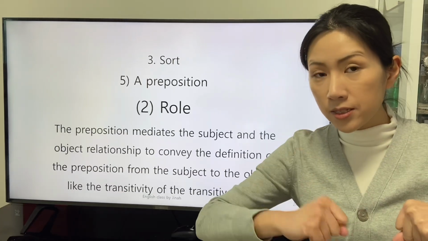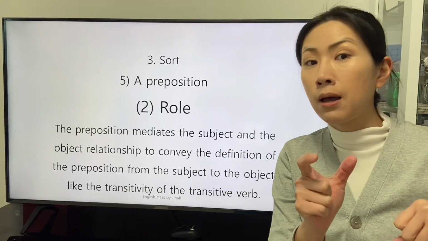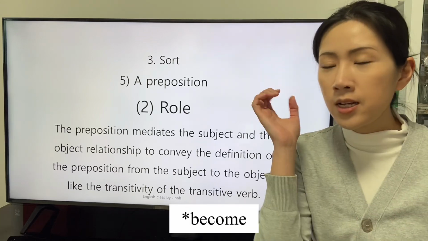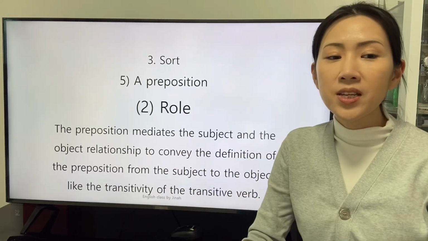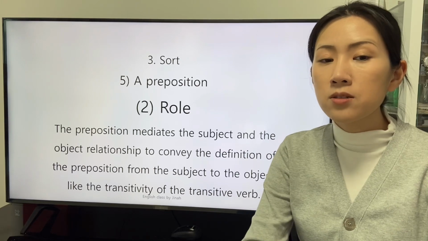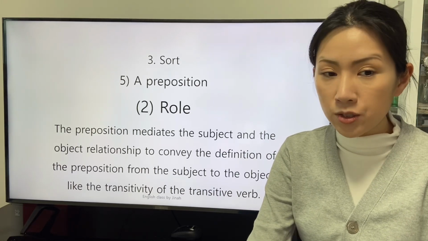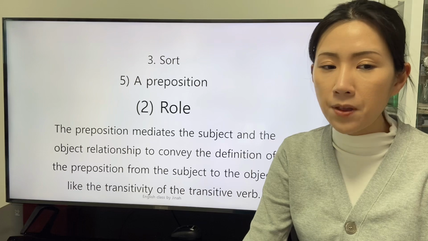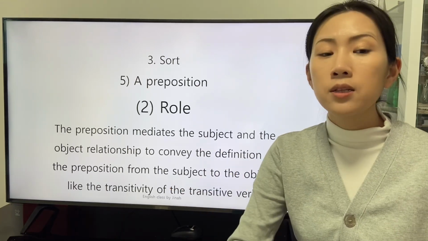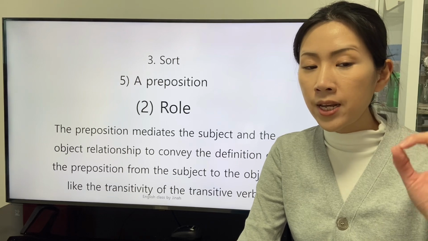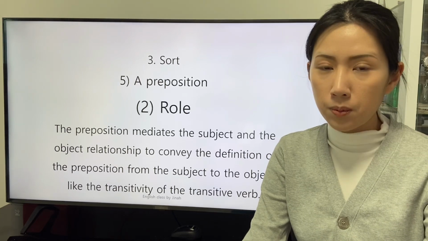The two subjects are mediated by the preposition, the subject of the preposition and the object of the preposition. The preposition mediates the subject and the object relationship to convey the definition of the preposition from the subject to the object, like the transitivity of the transitive verb.